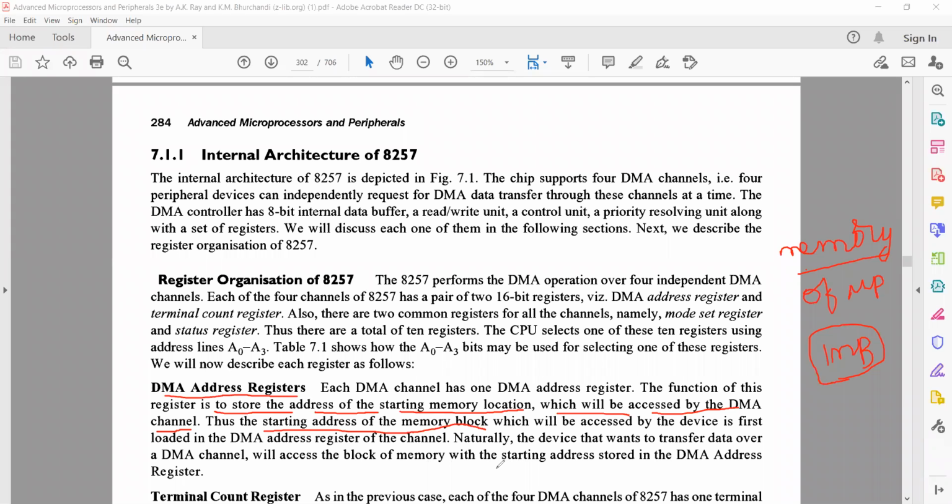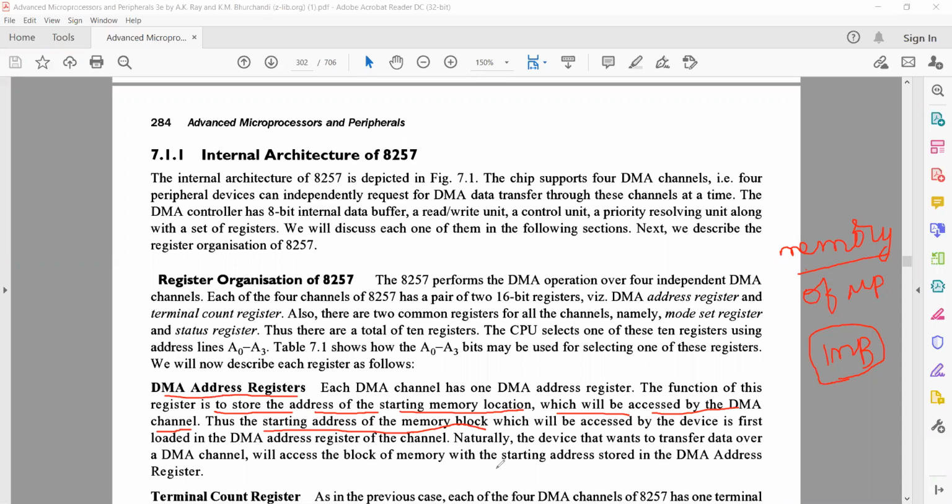So we just specify the starting address. The size of the data that we want to transfer will decide the ending address. Suppose you want to transfer 120 bytes of data, and each memory location can store 16 bits of data in the 8086.